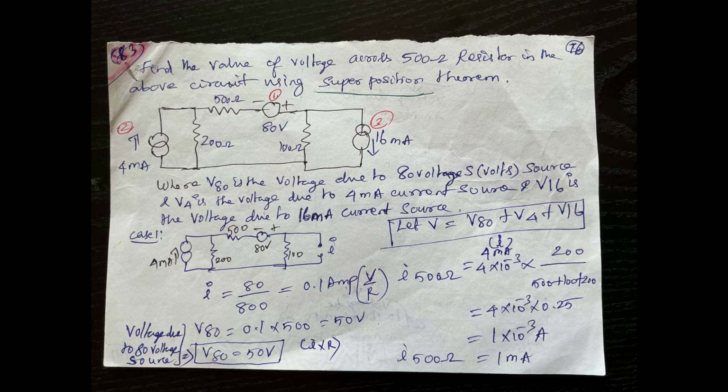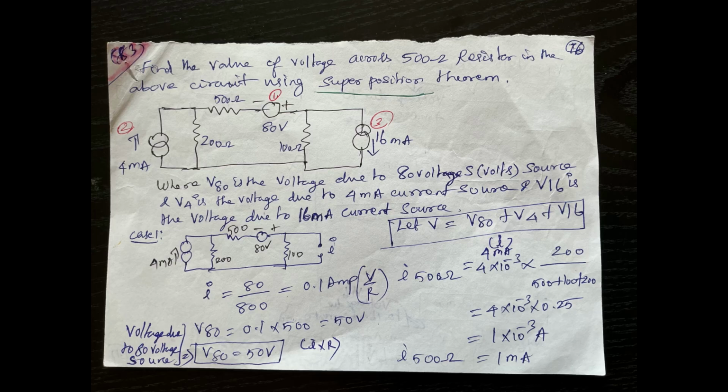Applying the current division rule, 4 into 10 power minus 3 into 200 divided by 500 plus 100 plus 200, we obtain I500, the current through the 500 ohm resistance in the first case of the circuit, 1 into 10 power minus 3.